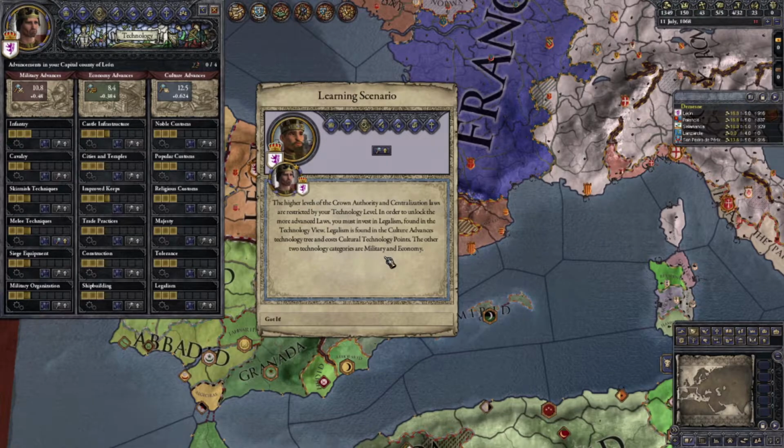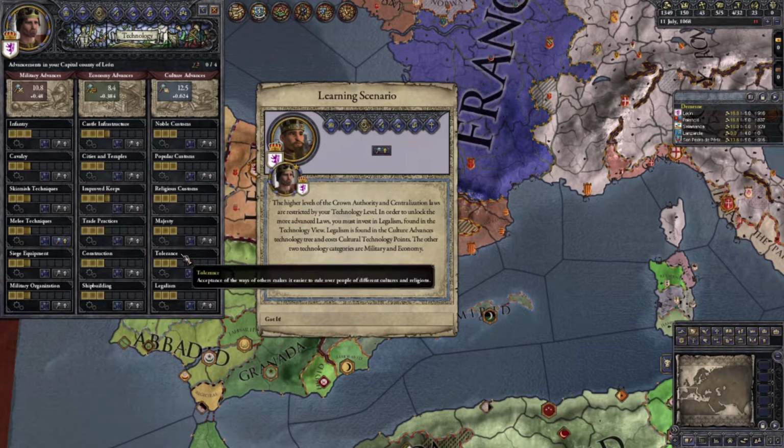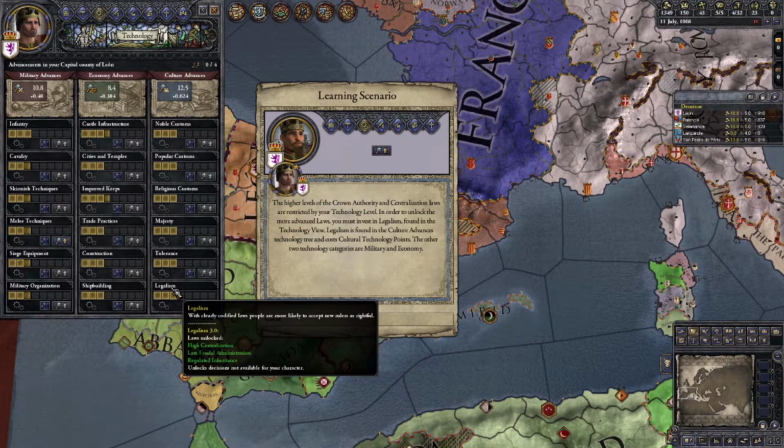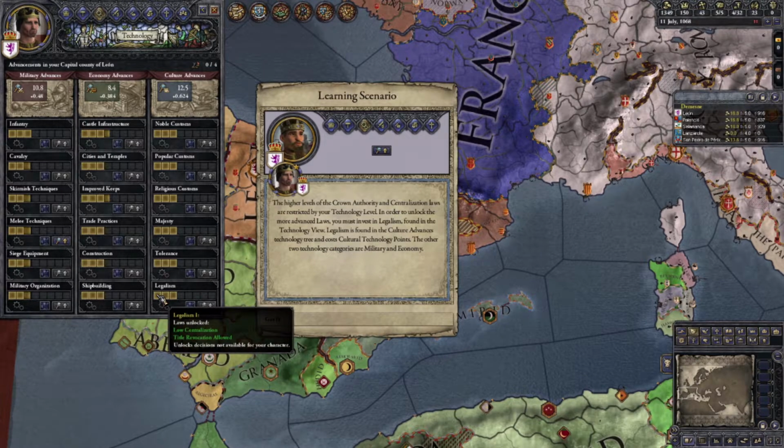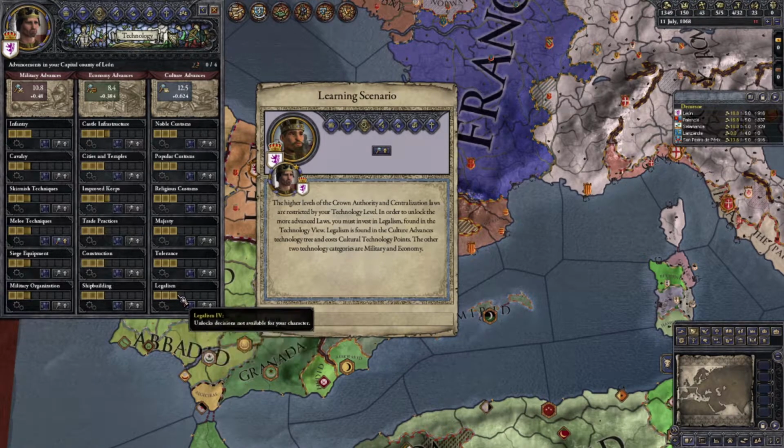The other 2 technology categories are military and economic. So, culture, legalism: with clearly codified laws, people are more likely to accept new rulers as rightful. You have legalism 1, 2, okay, just numbers. Unlocks different things.